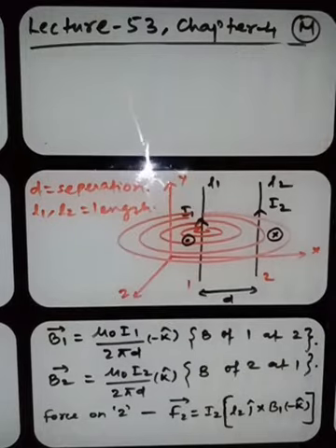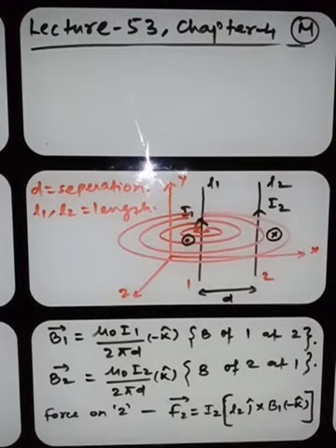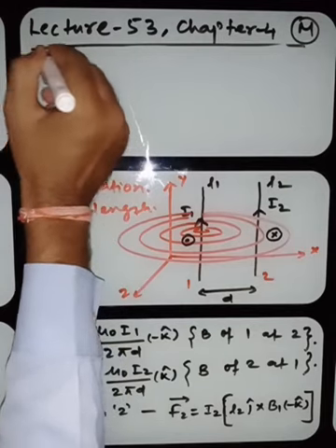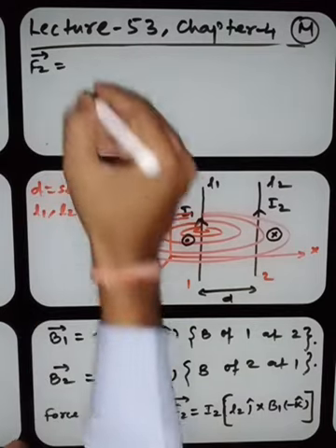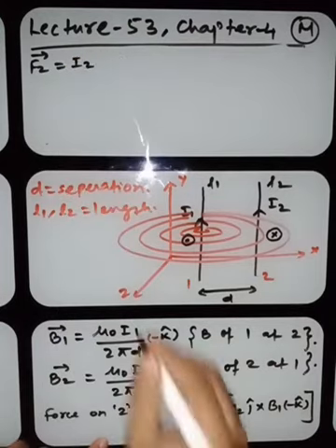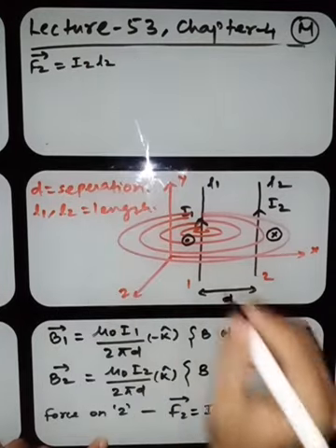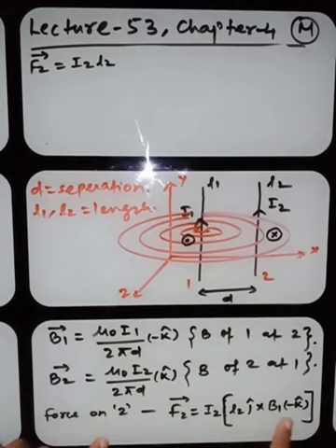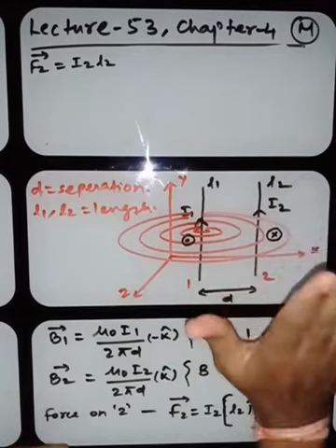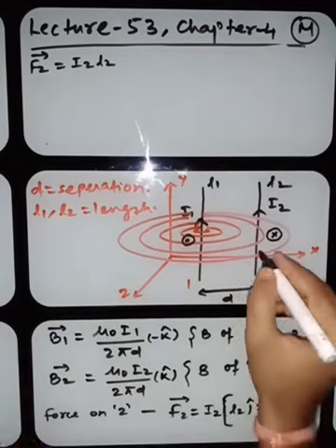Here, my dear student, F2 can be written as I2 L2 and J cross minus K. You can see the current is moving in this direction, J cross minus K. The force will be in this direction.